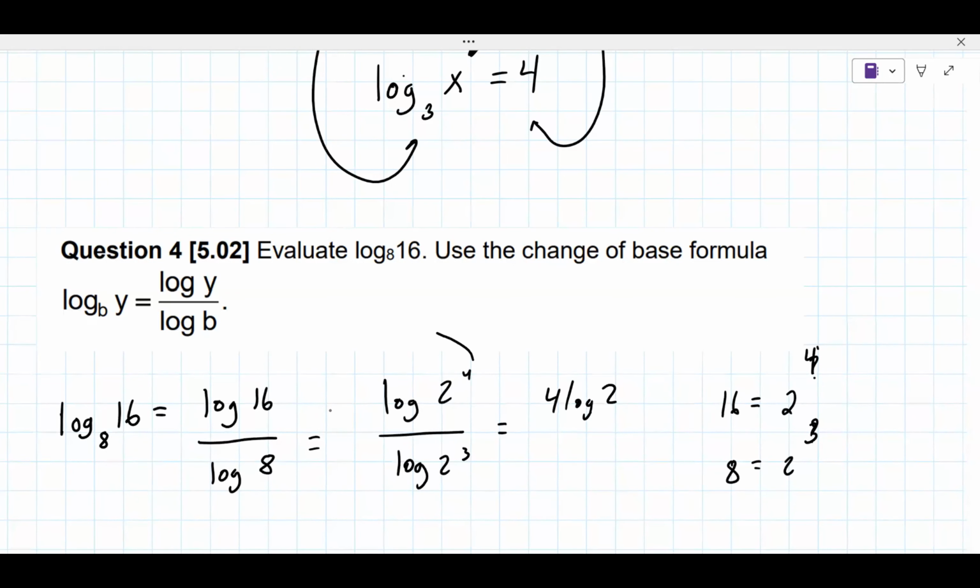So you can actually bring this exponent out in front. That's another property of logarithms. So it's 4 log 2, and then this becomes 3 log 2.